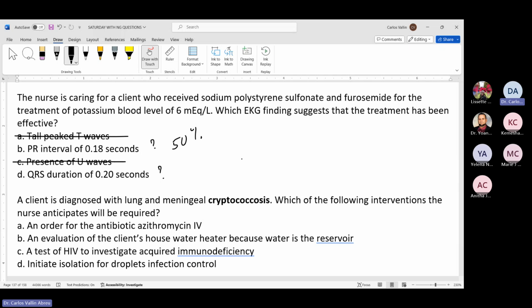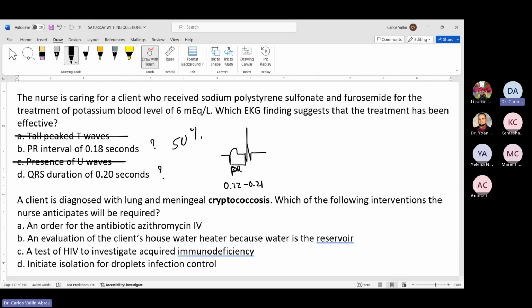But you need to know that the PR interval, that is the distance between the beginning of the P and the beginning of the QRS, is between 0.12 to 0.21 seconds. So 12 hundredths of seconds to 21 hundredths of seconds.